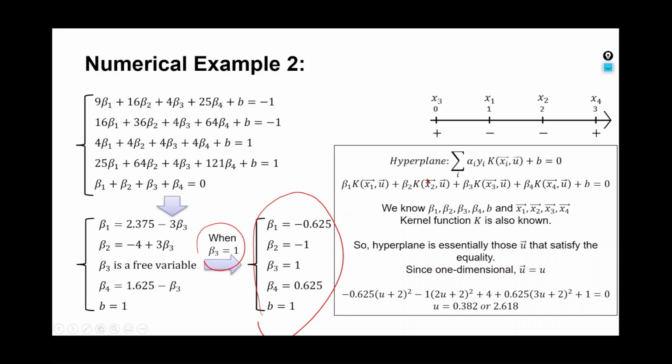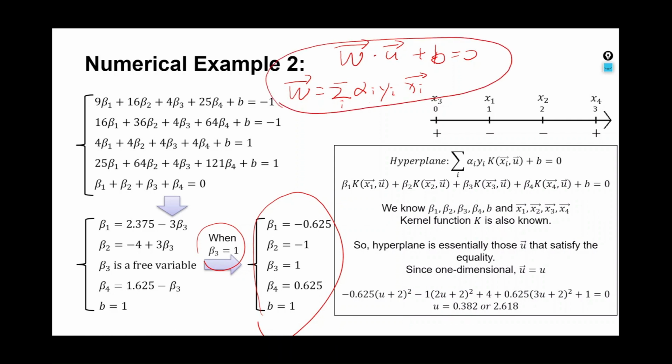So then remember our hyperplane was w dot u plus b is equal to 0, right? This is our hyperplane equation. And our w originally, based on what we derived, is alpha i, yi, and xi vector, the support vector.